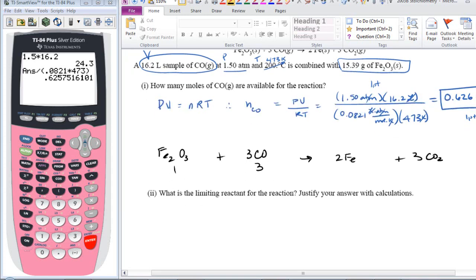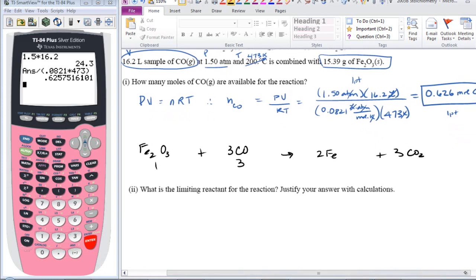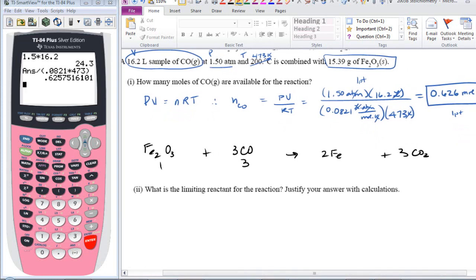The other thing that we know right now is that we really in true life have 0.626 moles. So what I can do real quick is take what's sitting in my calculator and divide it by 3 and say that this needs to be at least 0.209-ish, or else it is the limit, the iron 3 oxide.